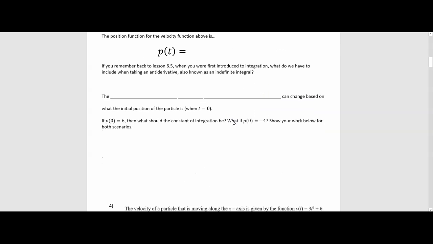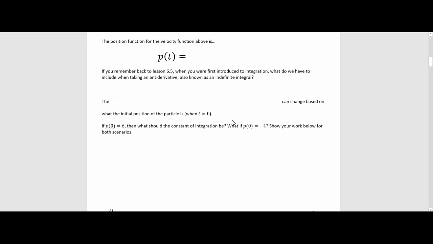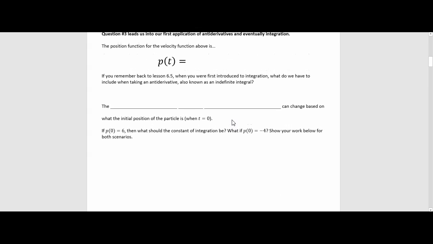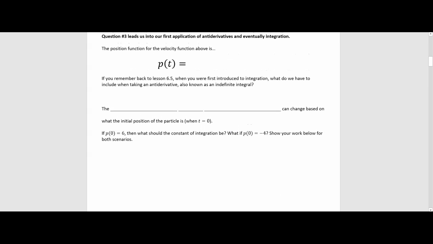We just came up with this. Let me see, we're not going to do number 4, so this will be good enough. So I know my position function is 5/2 t squared minus t plus c. So that c is our constant of integration.